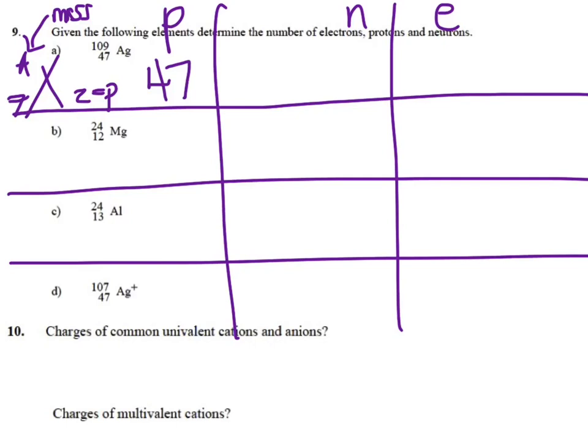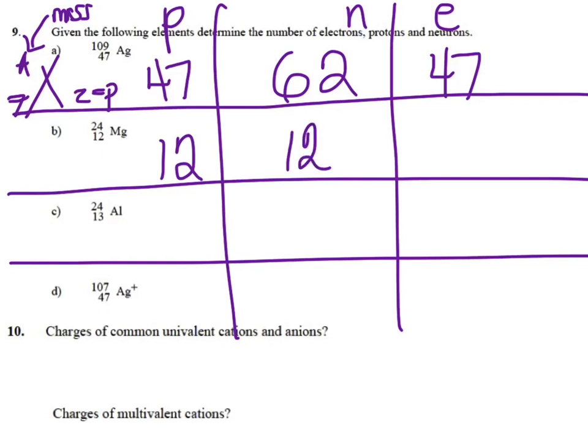So in silver 109, how many protons does it have? 47. How many neutrons does it have? 62. How many electrons does it have? 47. Magnesium 24. How many protons? 12. How many neutrons? 12.